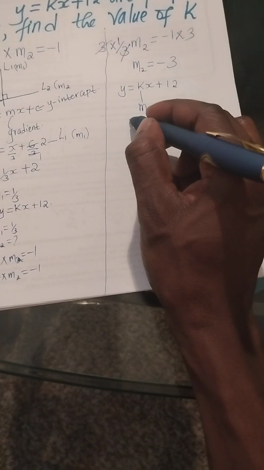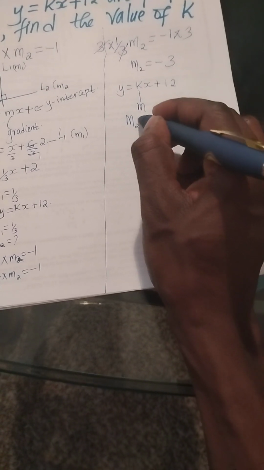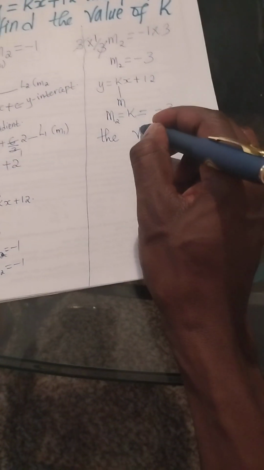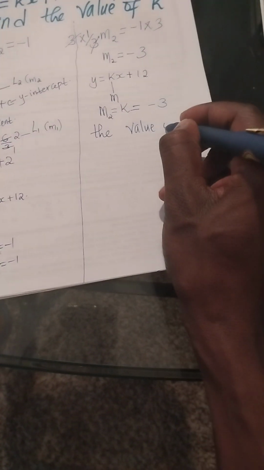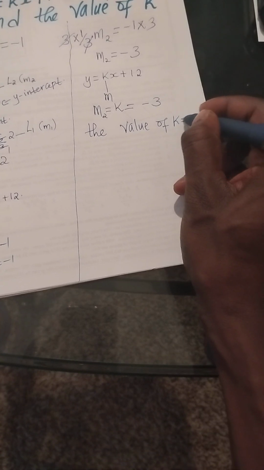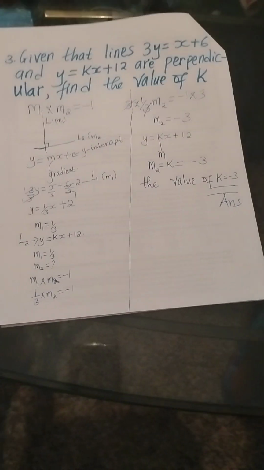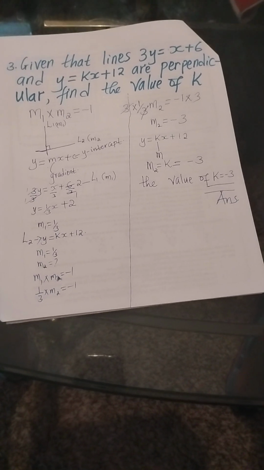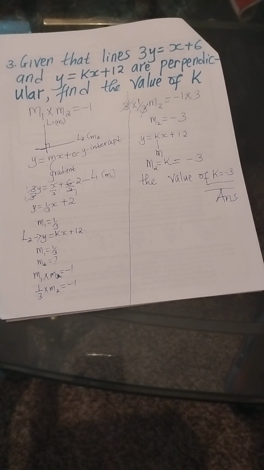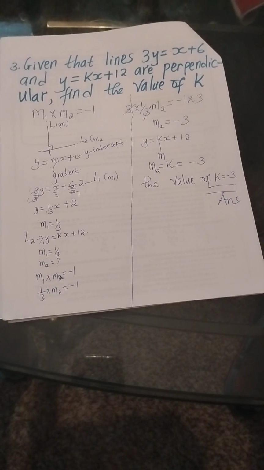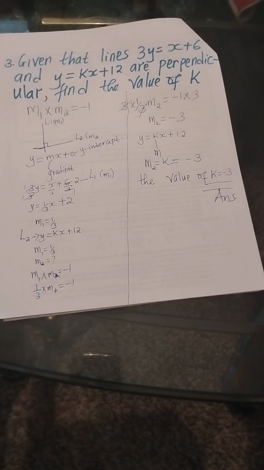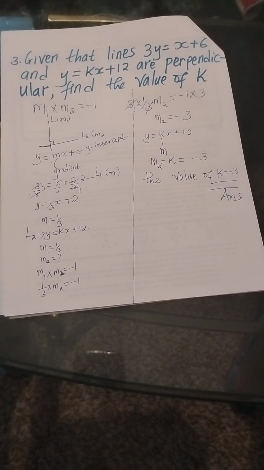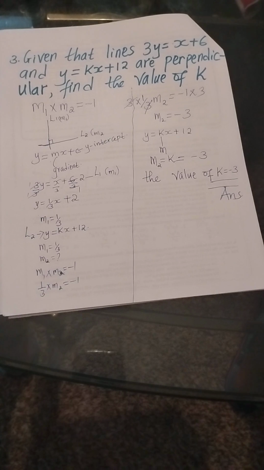Meaning, m2 is equal to k, which is equal to -3. Therefore, the value of k is equal to -3, and that becomes your solution. I hope you follow through and it helps you to revise equations of straight line, gradient, and the relationship of straight lines, especially when you're talking about perpendicular straight lines.